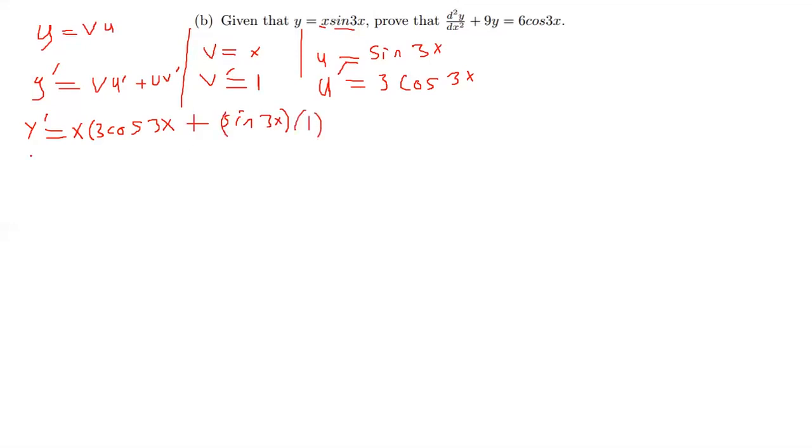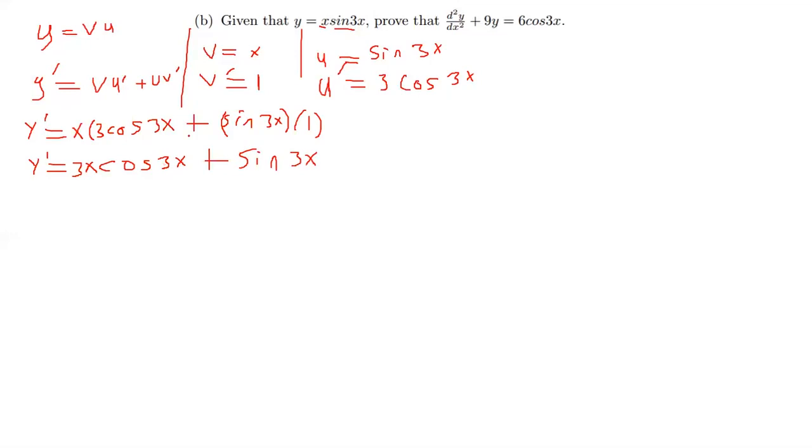Here we just find the final answer by simplifying that. We're going to have 3x cos 3x plus sine 3x. So this is going to be our y prime.